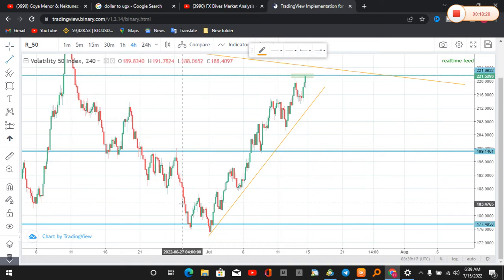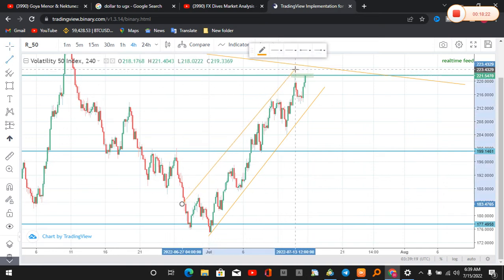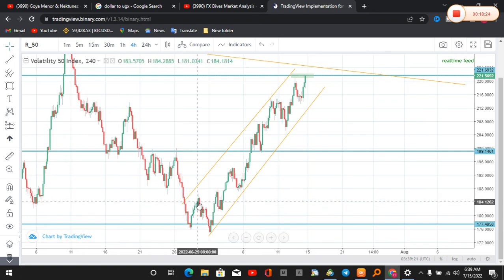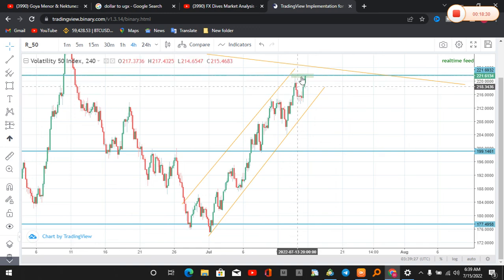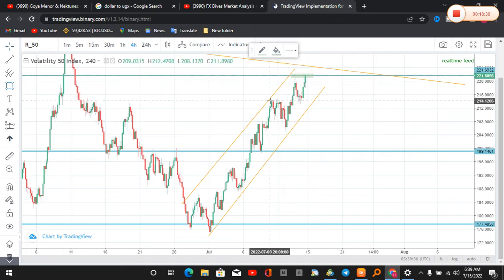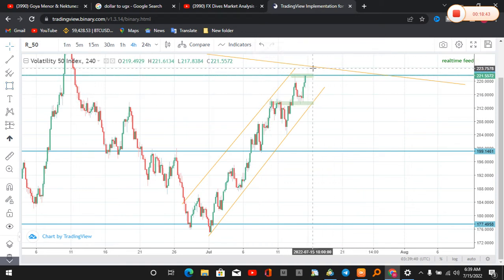You can see the market is making higher highs and higher lows, higher highs and higher lows. It recently made a higher high, came back, made a higher low, came back, made a higher high. Before it moves to make another higher high, it must come back to make another higher low.